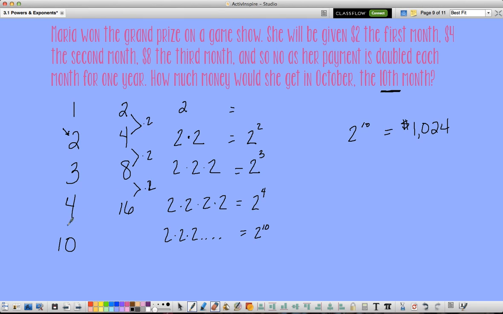If you want to know how much she would earn altogether, we would have to put together each of the months. And we will talk about that more in class. But at this point, what you should be able to tell me is, what would my exponential form be for any month? Okay, so what would that look like?